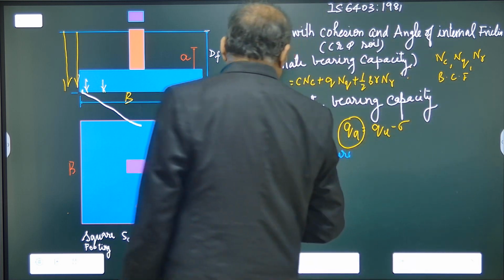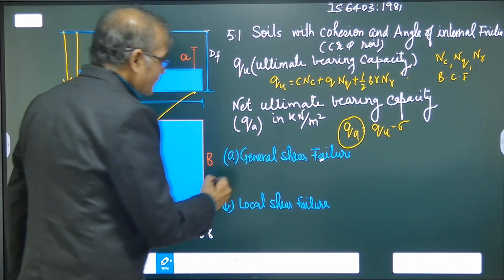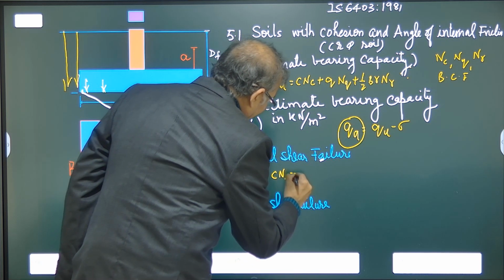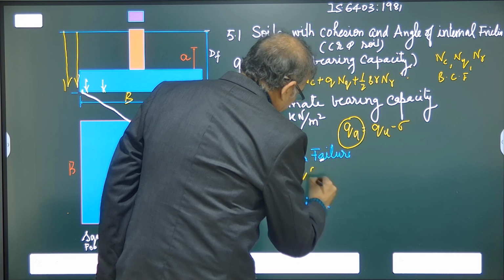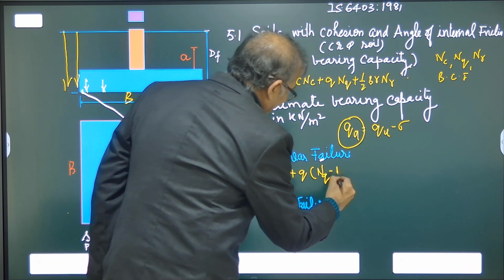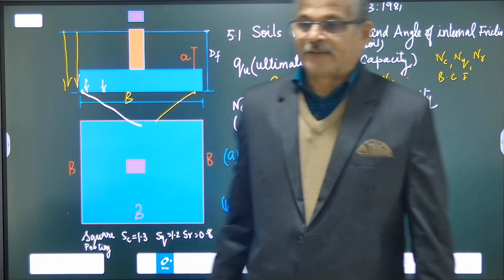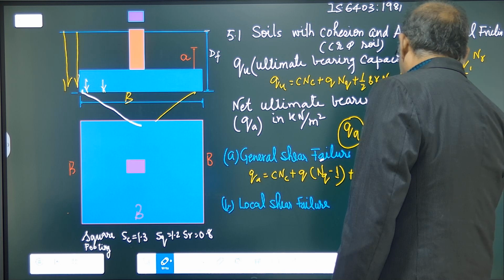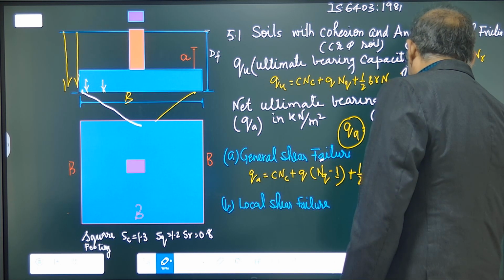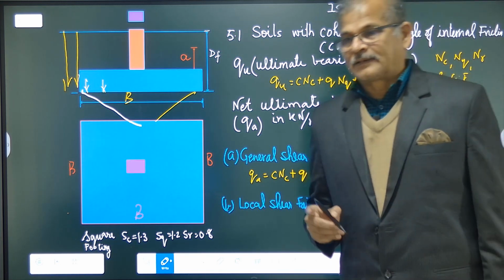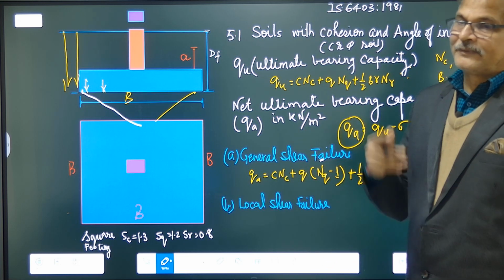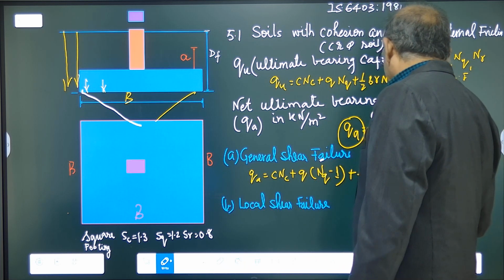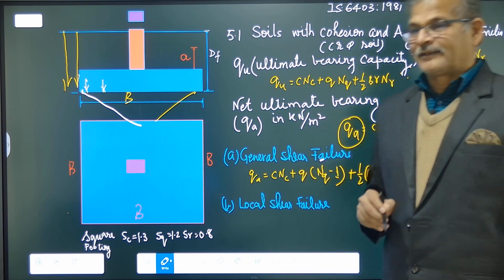So in case of general shear failure, Qa is given by cNc + q(Nq minus 1) + half B gamma N gamma, and this unit will always be, if in SI, kilonewton per meter square, or whatever unit we are choosing for B and gamma, in that unit it will come in kilonewton per meter square.